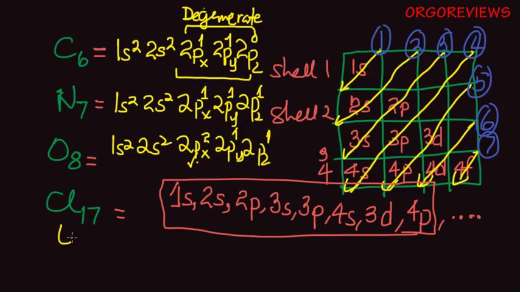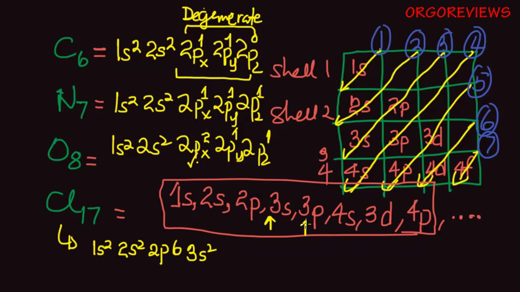Now looking at that of chlorine, chlorine has 17 electrons, so that makes it easy. So 1s2, 2s2, 2p6, we don't have to show all the degenerate electrons. 3s2, because now we are here. We've completed filling all these orbitals. So guess what? At this point, we have 12 electrons, remaining 5.